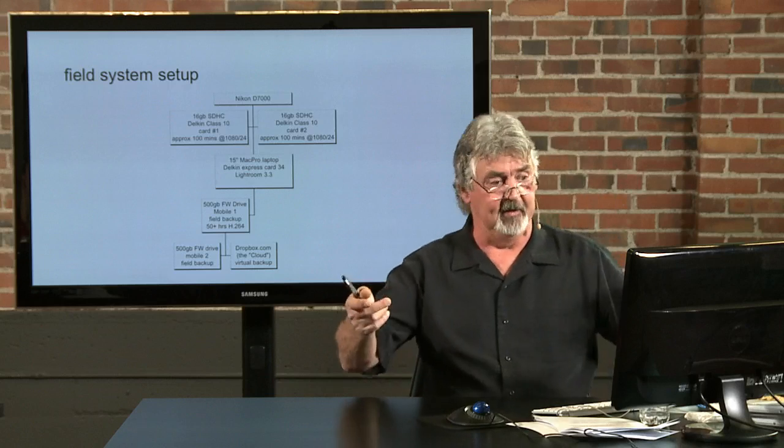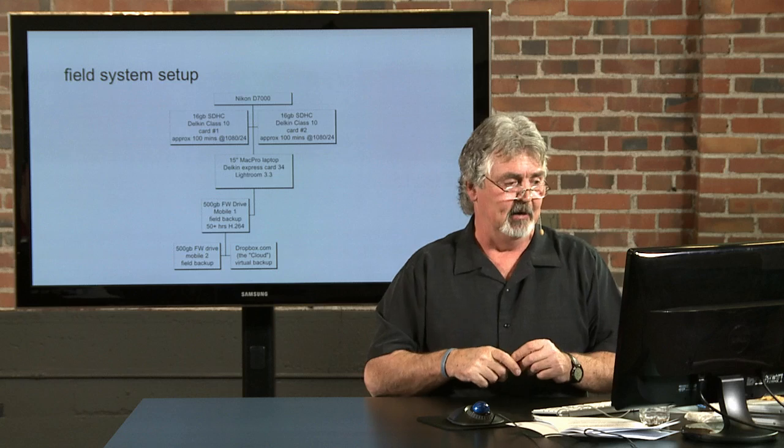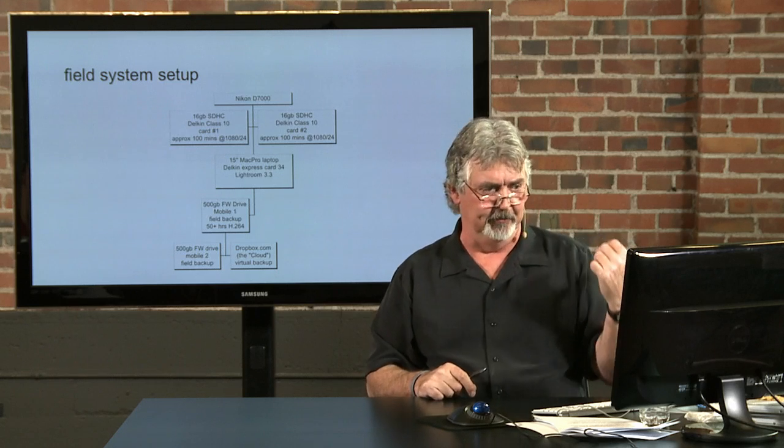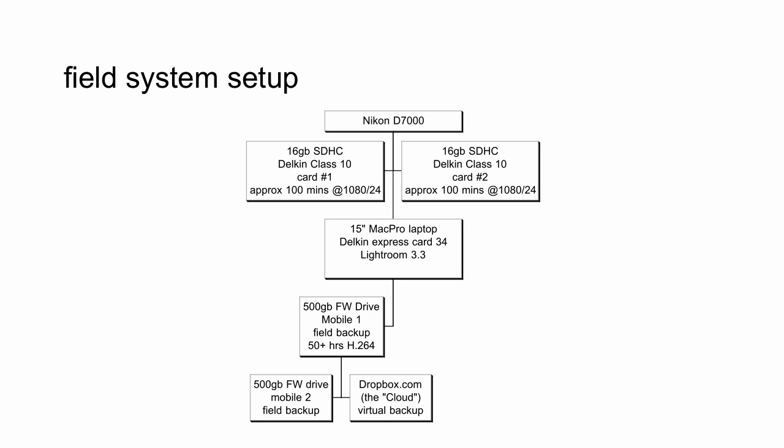Okay, so everything that goes into the laptop goes into those. Now I can use the second one as an overflow, but if you look at the numbers here, 500 gigabytes will hold 50 plus hours of H.264, which is what we're shooting with these cameras. And I've never been on a trip yet where I've shot 50 hours worth of stuff. So I use my second one as a backup.